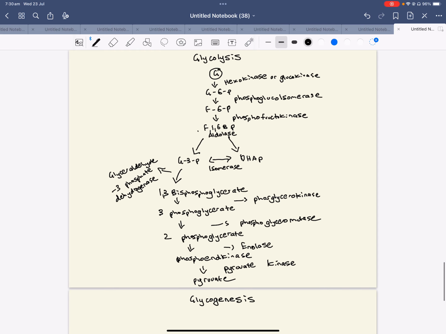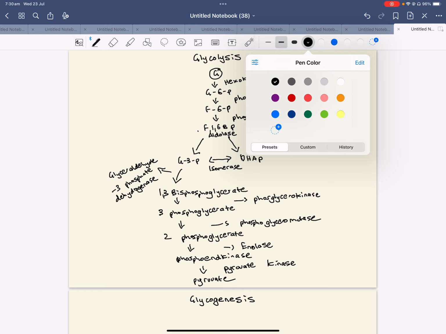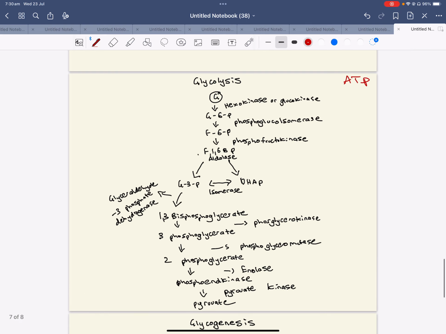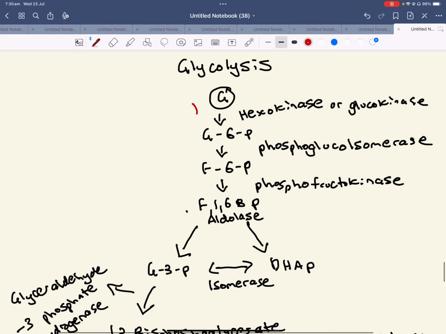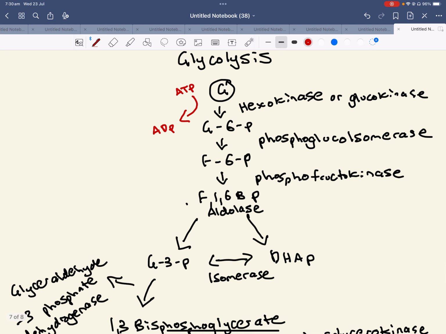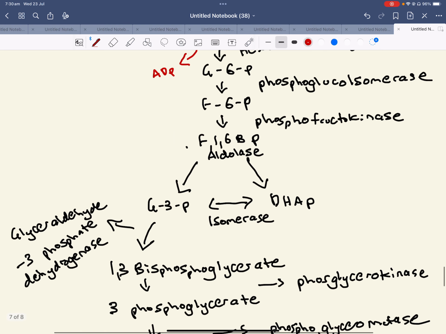Let's work on now what we're actually gaining from this, because remember, ATP is our energy source. So we lose an ATP here. So we remove a phosphate from ATP here. Remember, glucose 6-phosphate, and we lose another one here when we're adding another phosphate.